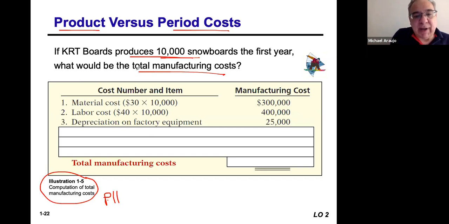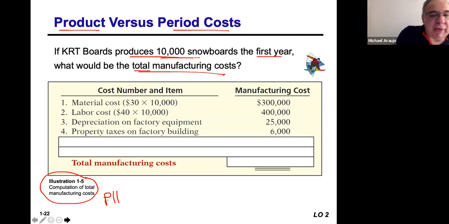And so that's going to be our total cost for the 10,000 boards for the first year. The fourth thing we know is the property taxes on the building is $6,000 for the year. And so again, it's a yearly figure. We're doing the total costs for the first year. We can simply add the $6,000 property taxes to that, and we're all set.